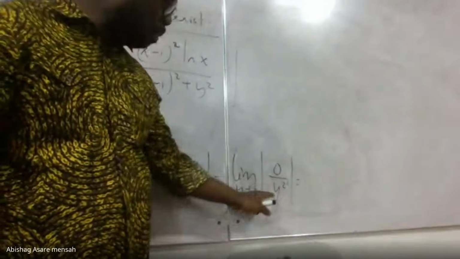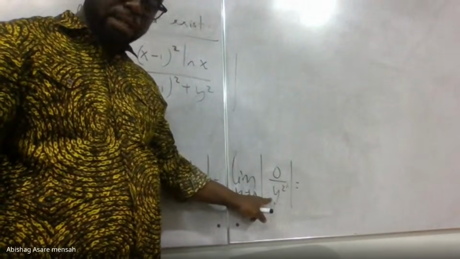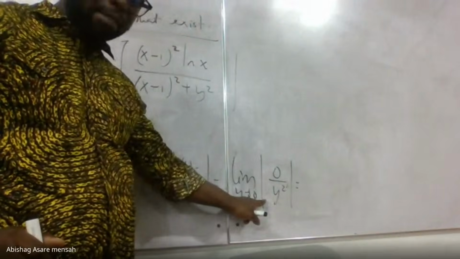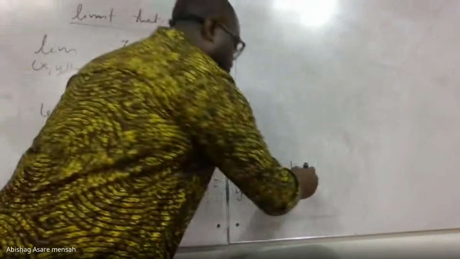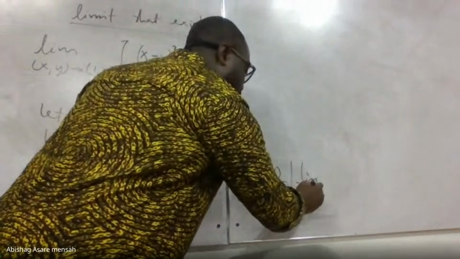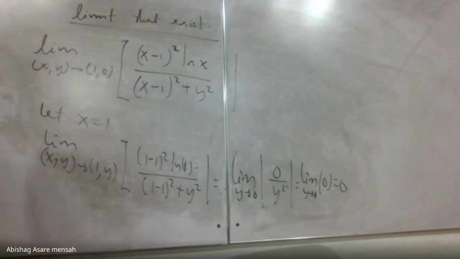Please don't go and put 0 there and say that it is 0 over 0. No. 0 over y squared is 0. So we find the limit as x approaches 0, the function is 0. And this time, the limit as y approaches 0, the function is 0. And the answer will be 0. Straightforward. Answer will be 0.